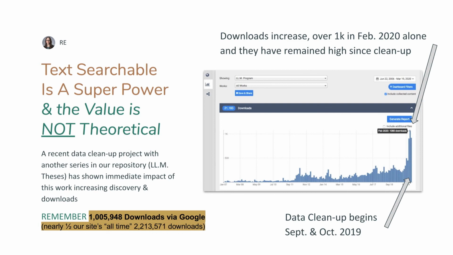And in a related cleanup, when we cleaned up another series in our repository, our LLM Theses series, which has over time been one of our more popular collections and had some of the highest download numbers out of our entire repository, because it is one of those unique collections that only we have, it has really drastically increased since a cleanup last fall. That particular cleanup was focusing on just updating some of the metadata fields.